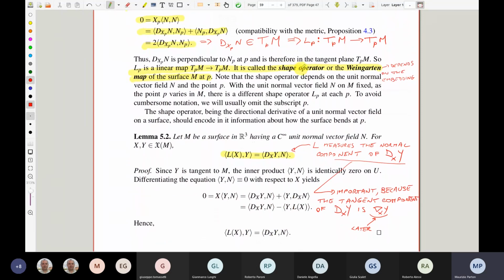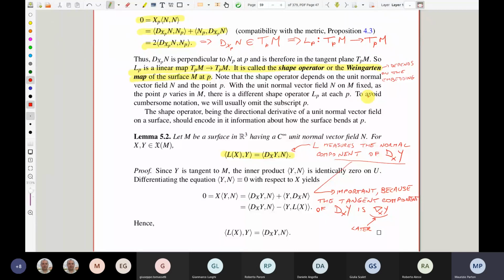So, this is the shape operator. Another name that maybe you use in some situation is the Weingarten map of the surface, okay? And of course, this is depending on the embedding, and spoiler, this is known also as the second fundamental form of the surface.